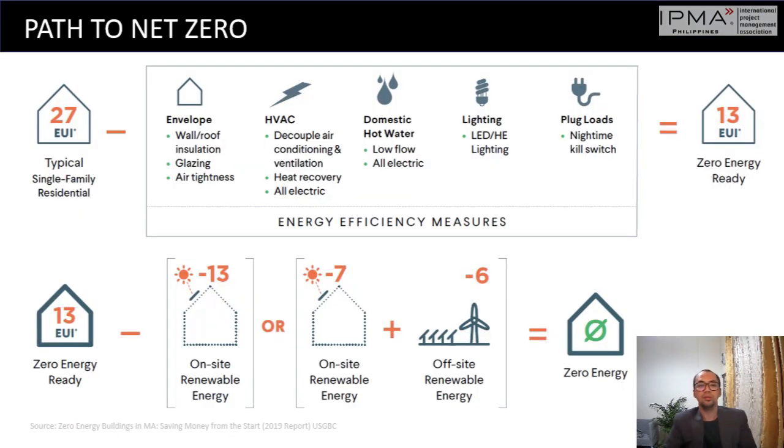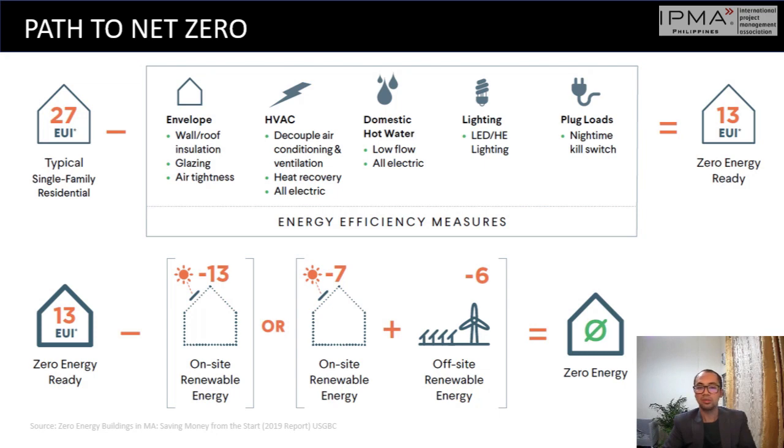So the path to net zero must start with a baseline, that is to determine the energy use intensity, or EUI, defined as the amount of energy per floor area annually. So from the baseline EUI, we have to implement energy efficiency measures or energy conservation measures. We need to look into the envelope of the building, the HVAC, the water supply, the lighting, the plug loads.